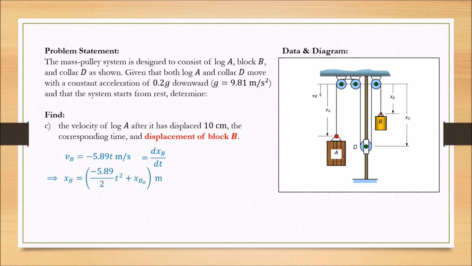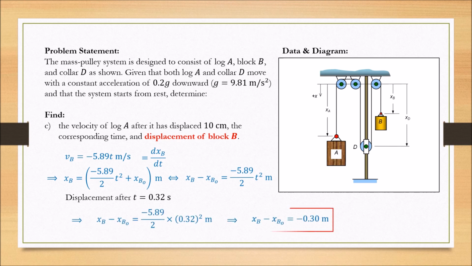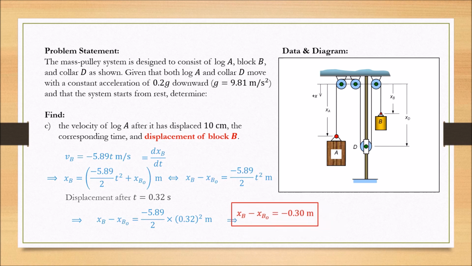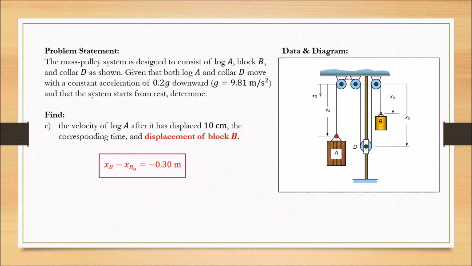Integrating that equation, we obtain the equation for the position of block B, or the displacement xB minus xB naught. Putting the value t equal to 0.32 seconds, we obtain the displacement of block B equal to negative 0.30 meters. We can write the displacement is 0.30 meters upward.